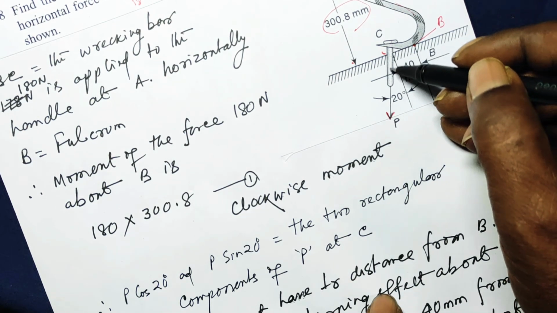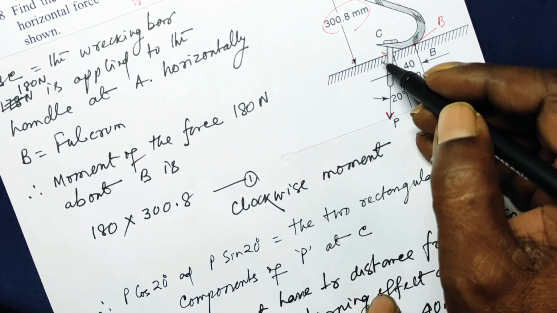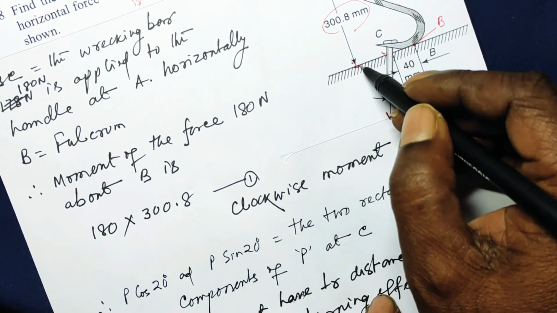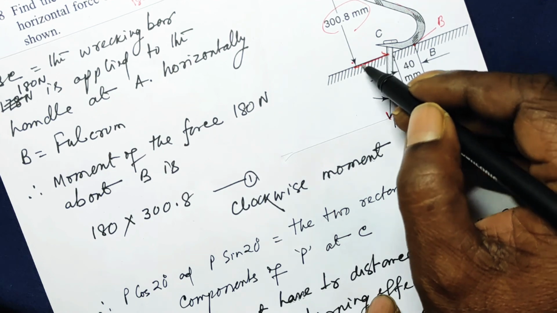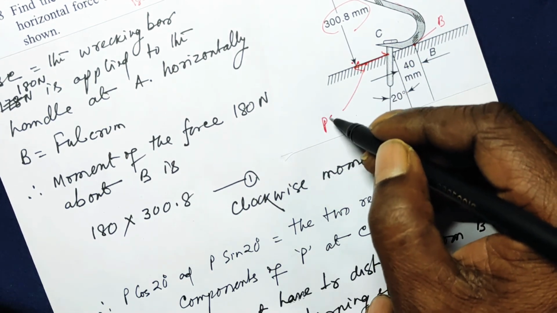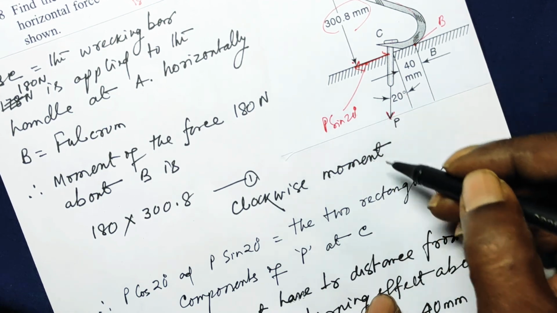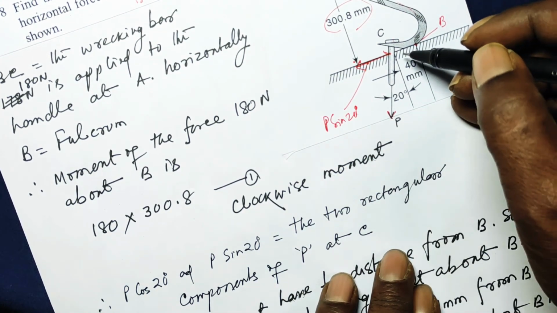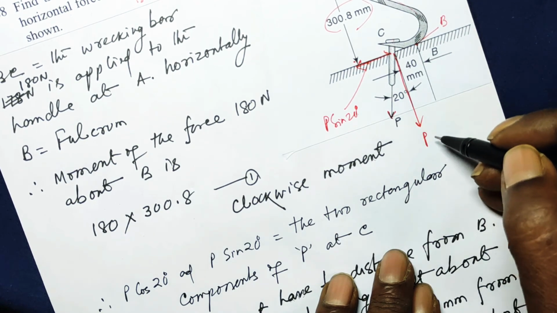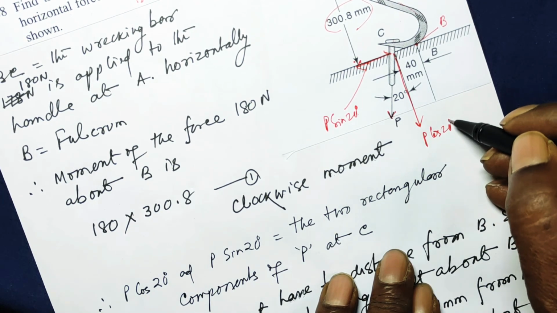Now, if you split this pulling force P into a horizontal and vertical component, this will be your P times sine 20. I have not drawn another diagram for you, and this will be your P times cos of 20 degree.